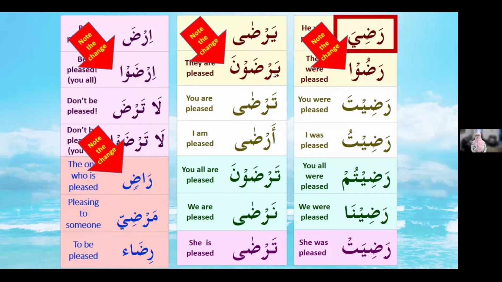Yarda, yardawna. And here, irda, irdaw. So you have to remember these three. Radiya, radu. Yarda, yardawna. Irda, irdaw. So this table you should remember.